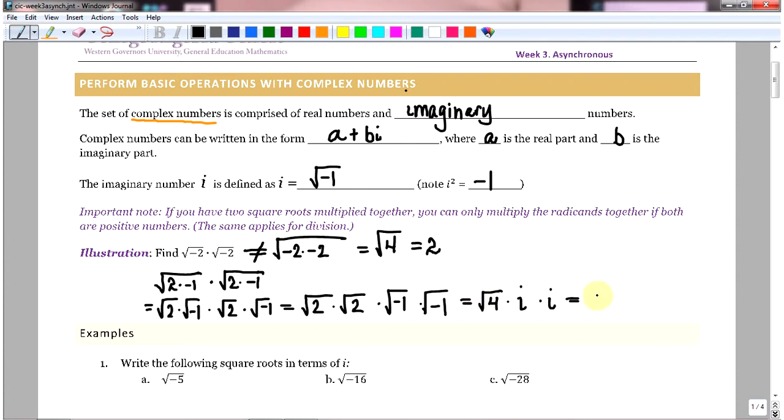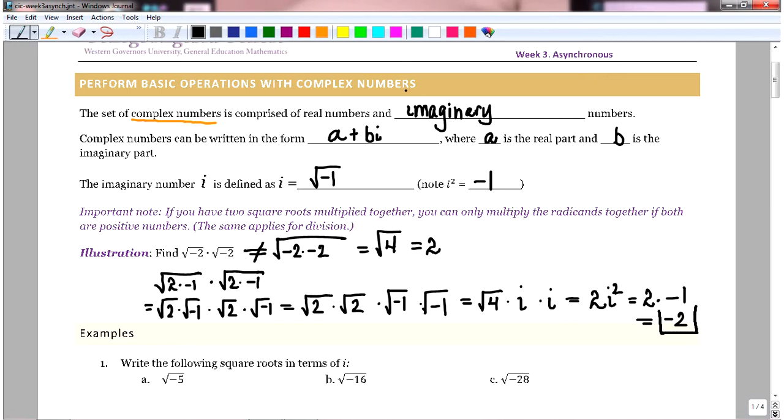So now the square root of 4 is equal to 2. i times i is i squared. We work with it just like a variable. But now we know that i squared is equal to negative 1. So we end up with 2 times negative 1, or negative 2.